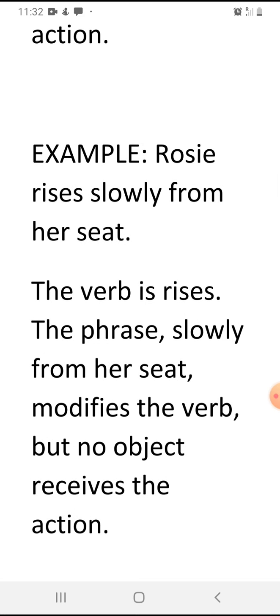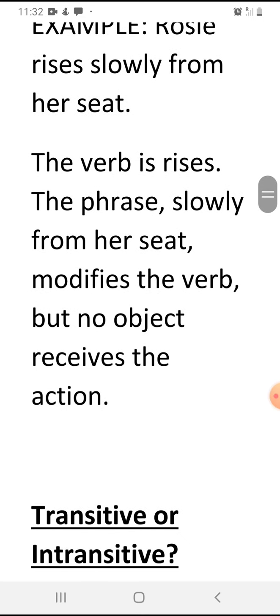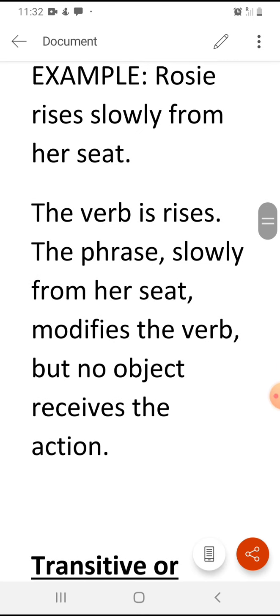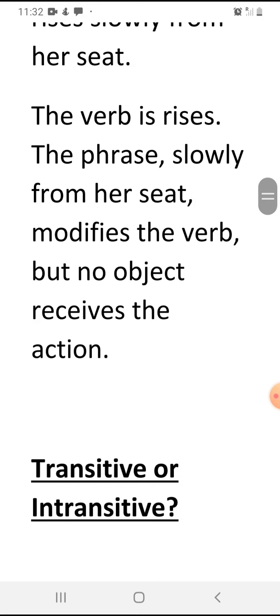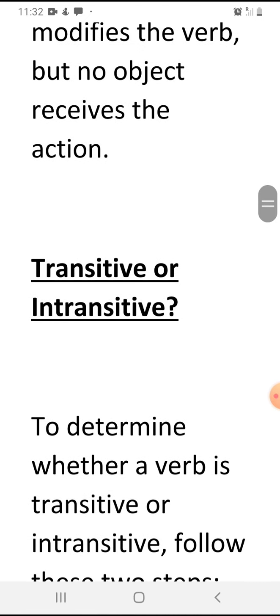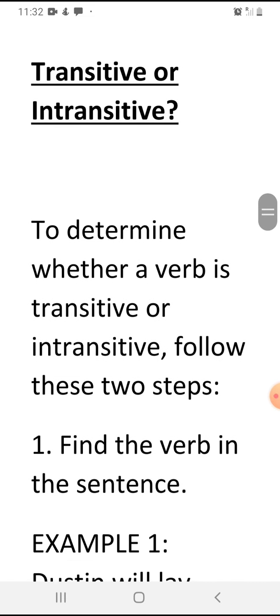But there is the phrase slowly from her seat that modifies the verb. It's not an object, but it is the phrase. It modifies the verb. So we can call it intransitive verb.